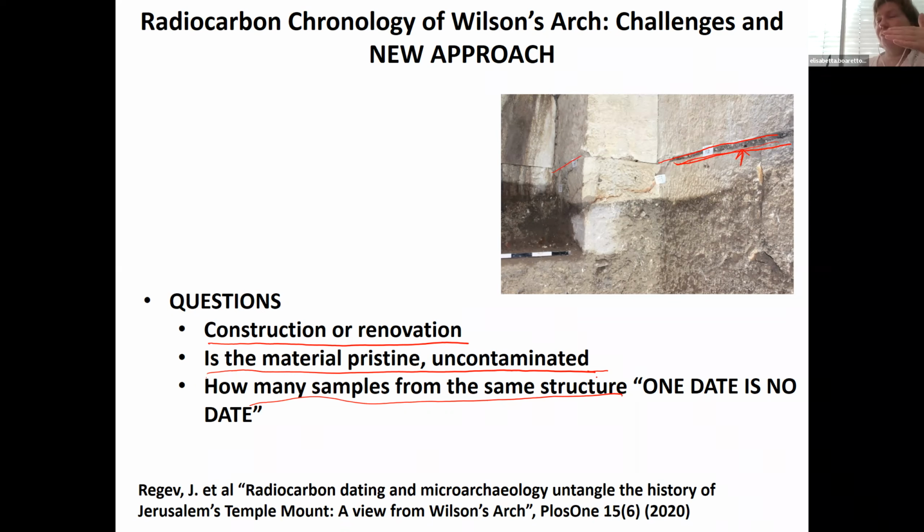So if we want to build a model and try to make the range of the calibrated age smaller, then we need as many samples as possible, but also see if the layer is one moment or has a long life with the radiocarbon.